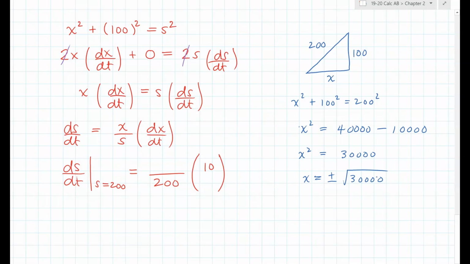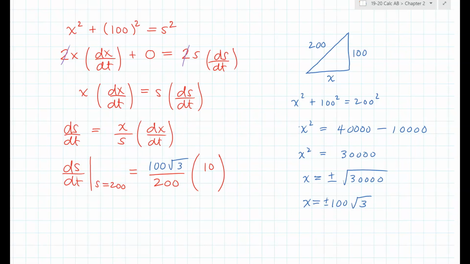Now, that would be equal to plus or minus 100 radical 3. Am I right on that? I think I am, because it's 100 times 100 times 3. So each 100 has a 10 radical, so that's 10 times 10, so that's 100 radical 3. So that's our x value. It's 100 radical 3. We use the positive because remember, distance can't be negative, right?